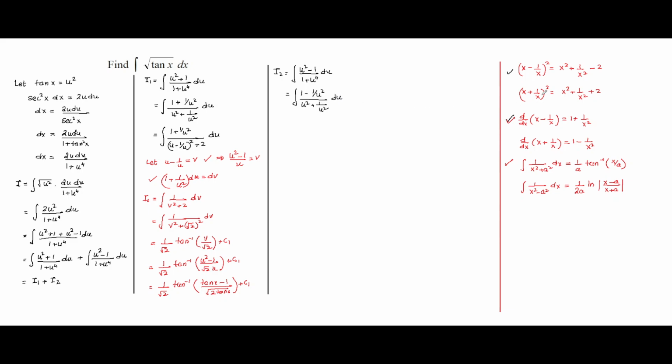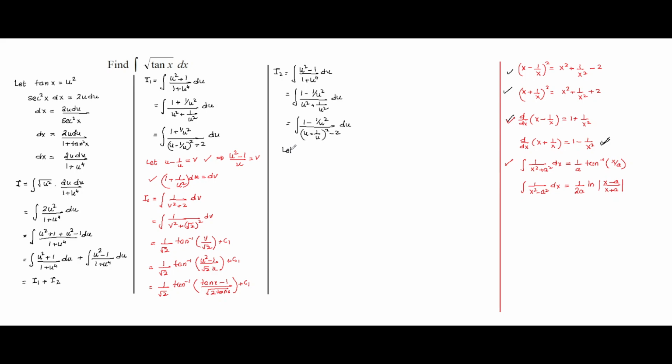Now once again going back to the formula, x plus 1 over x, because we have 1 minus 1 over u square. So we will use x plus 1 over x. So this gives us integral 1 minus 1 over u square over u plus 1 over u the whole squared minus 2 du.